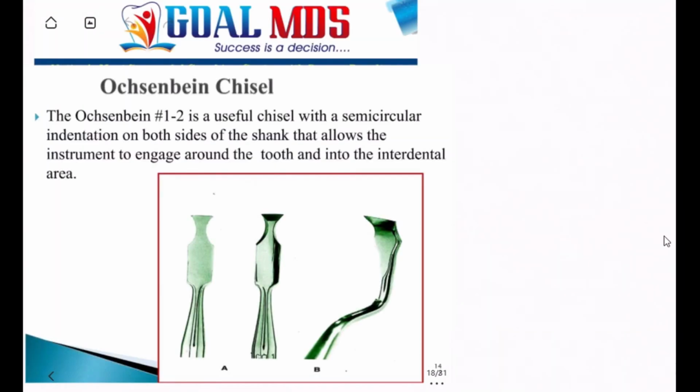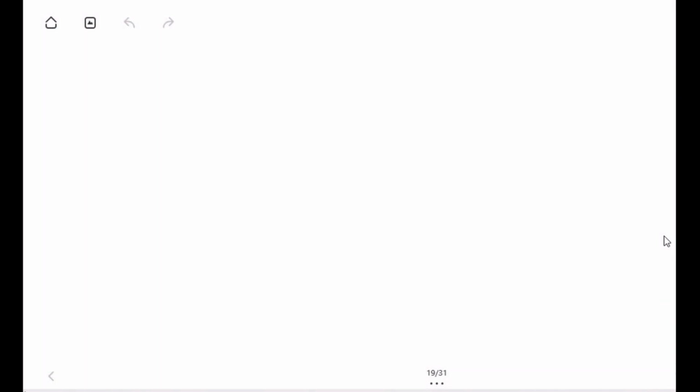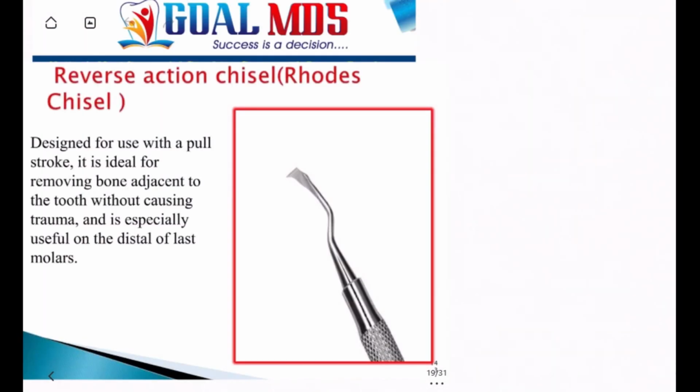Oschenbein chisel, remember from your entrance exam point of view, is used in the interdental area. Reverse section chisel or Rhodes chisel is used with a pull stroke, removing the bone adjacent to the tooth without causing trauma, used on the distal of the last molar.